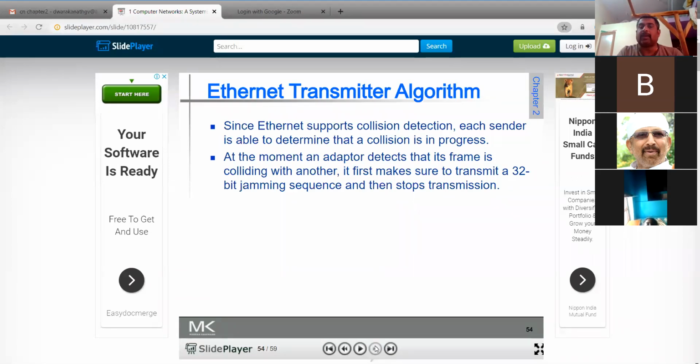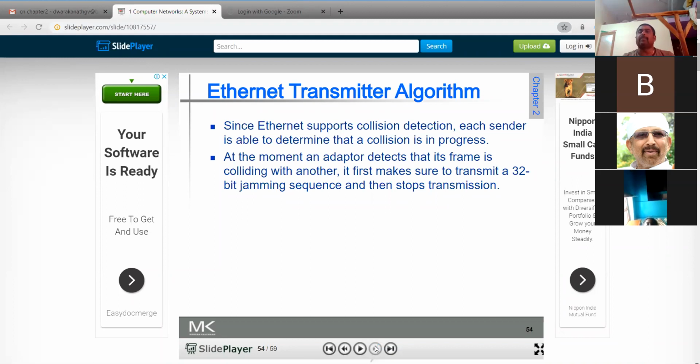At the moment an adapter detects that its frame is colliding with another, it first makes sure to transmit a 32-bit jamming sequence and then stops transmission. What do you mean by this? It's very simple. Once the collision has been detected, meaning the sender system comes to know that there is a collision occurring, it will send a 32-bit jamming sequence.